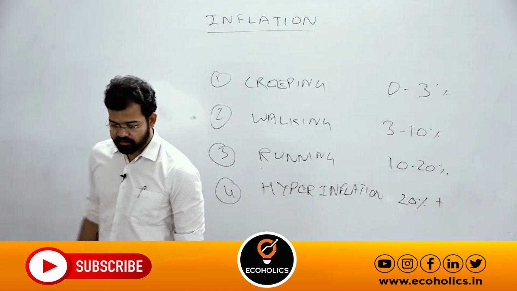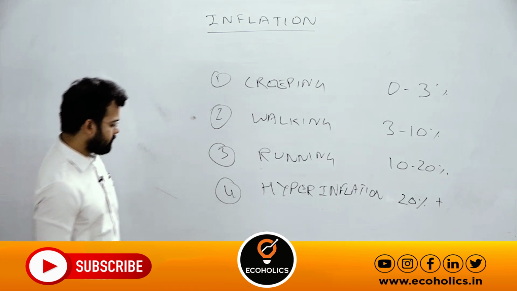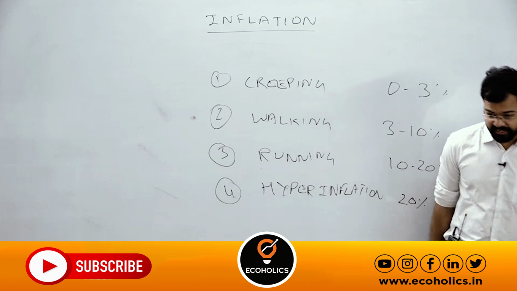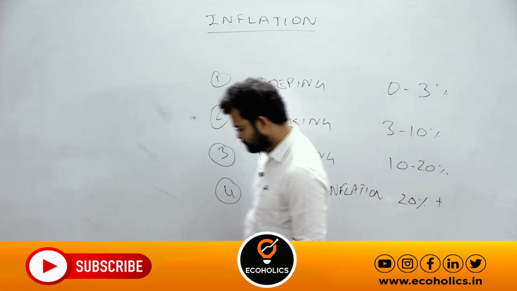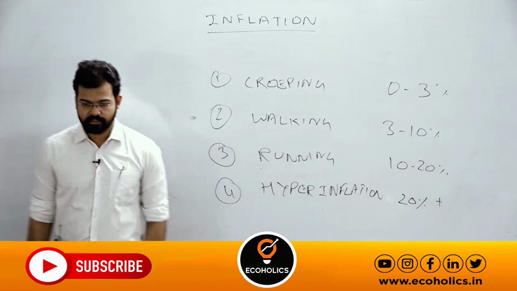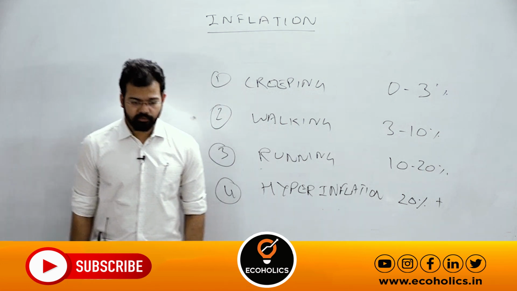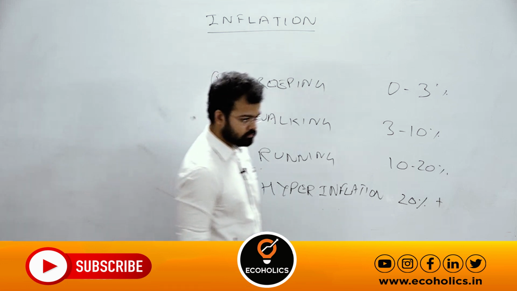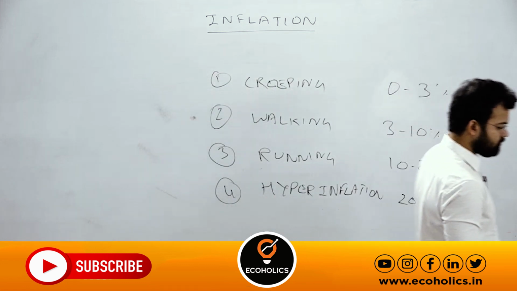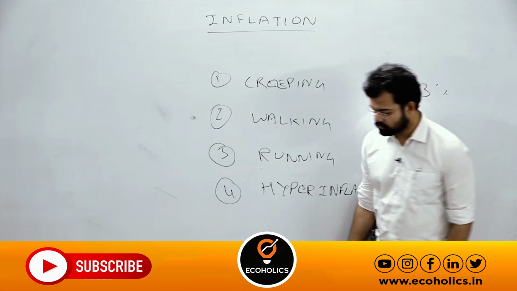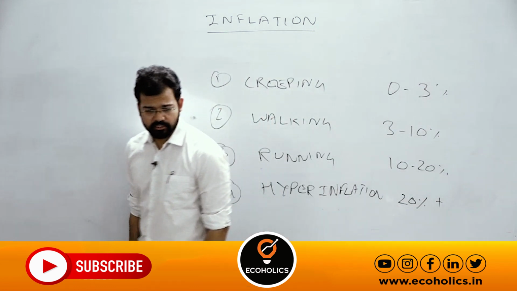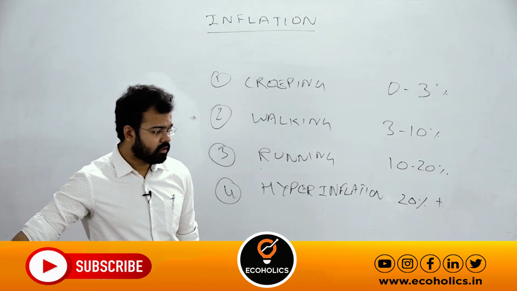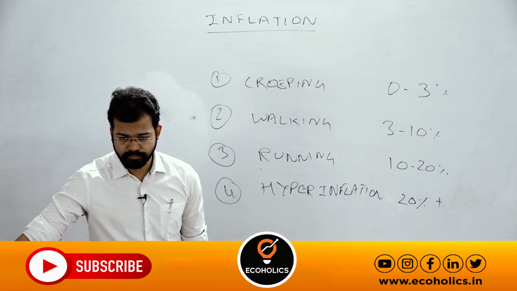People start investing in dead assets. In brackets you will write what? Gold, or any kind of bullion. You understand bullion? Gold, silver, diamond, etc. all come under one category known as bullion.